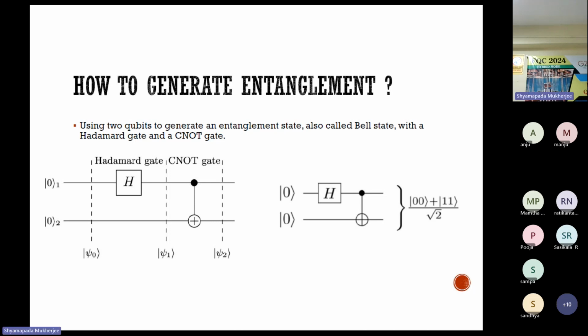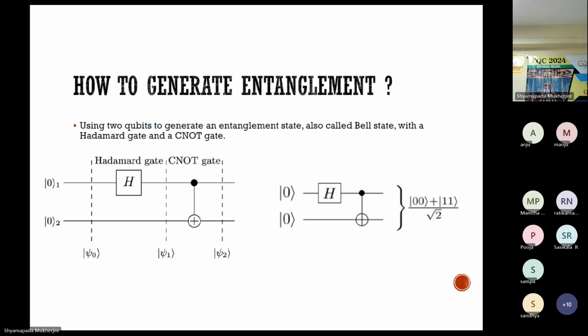You are getting input 1 by root 2, 0 plus 1 by root 2, 1. And here what are you getting? Here it is 0. So the first term is 1 by root 2, 0. If the control is 0, then there will be no change. So you get the answer for 0 and 0: 1 by root 2, 0 and 0.